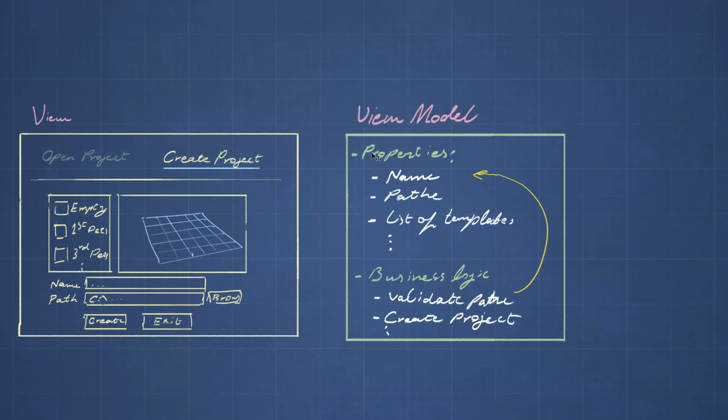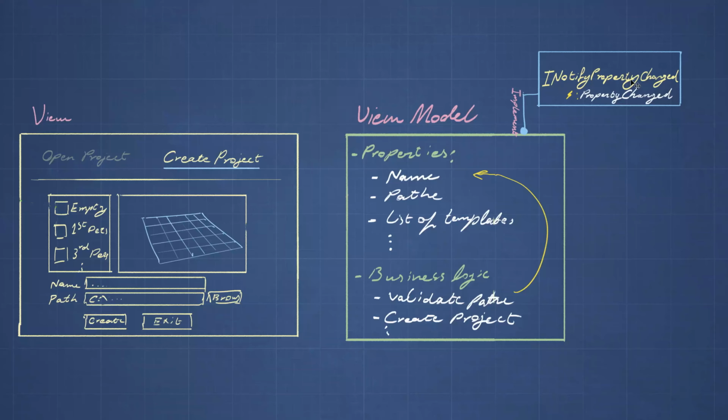In order to couple these two together, or to bind them, I need to implement an interface, the INotifyPropertyChanged interface. This interface just has an event that is fired every time one of my view model's properties changes. The way this works is that I can set this class as the data context for my control and bind each property to these controls.